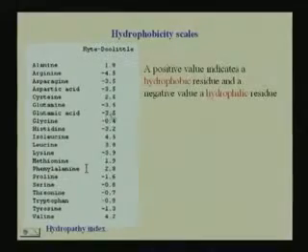Aspartic acid, arginine, glutamic acid, glutamine, all of these are hydrophilic residues. Okay? And the ones that have positive values here are hydrophobic residues. Later on, we are going to see how this index actually helps us in determining which stretch of amino acids are on the surface of the protein and which stretch of amino acids are embedded in the center of the protein. Okay?